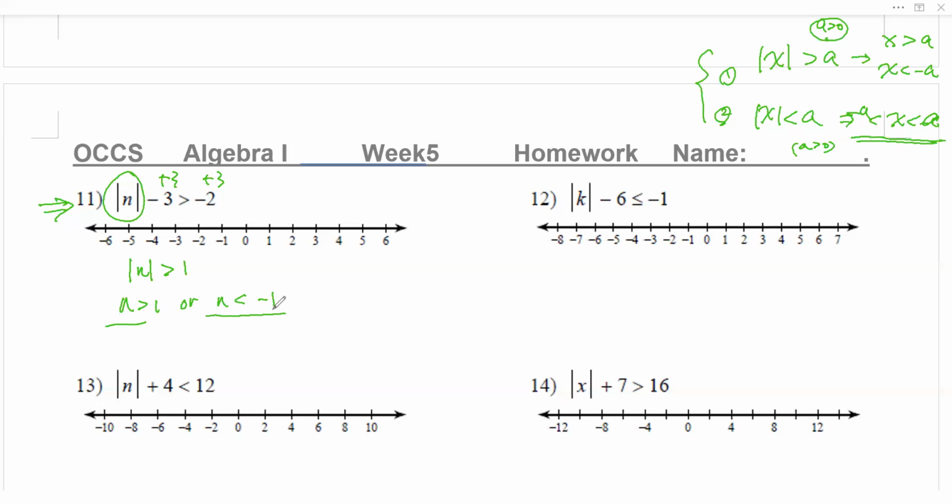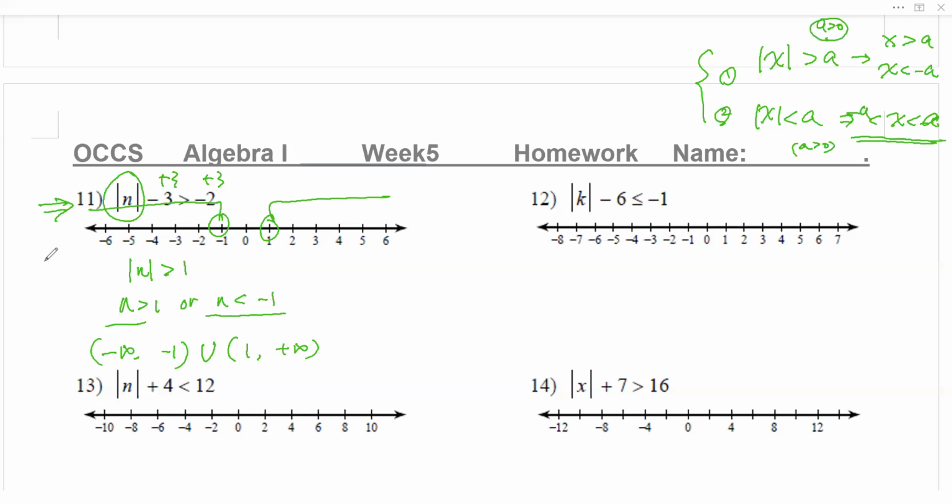You can see that n greater than 1 is this part, and n less than -1 is this part. So when we write interval notation, it's -infinity to -1 and 1 to positive infinity. Okay. So you can get this, right?